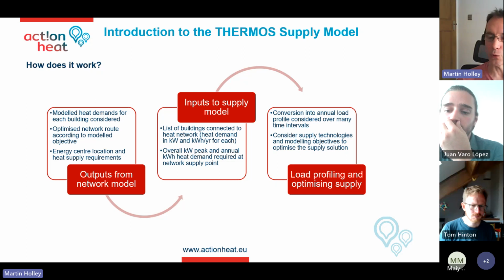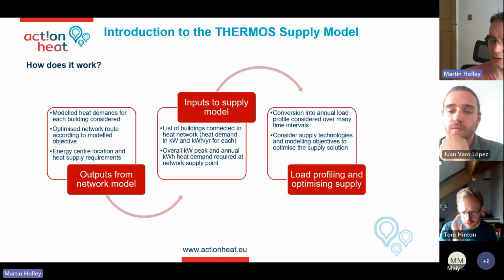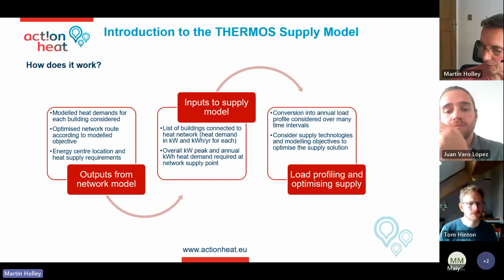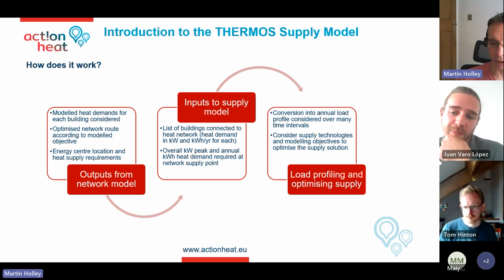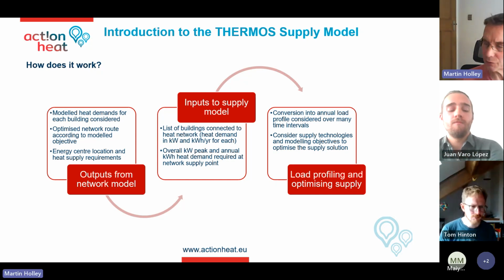So it's important to optimize the network before you start looking at a supply model. And those figures in themselves are not accurate enough. They're too limited to inform the supply model to the extent we need to.